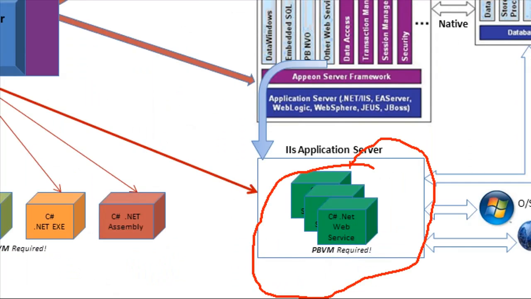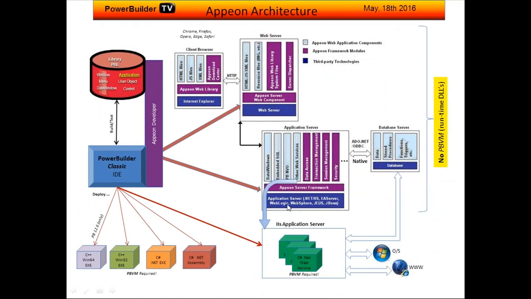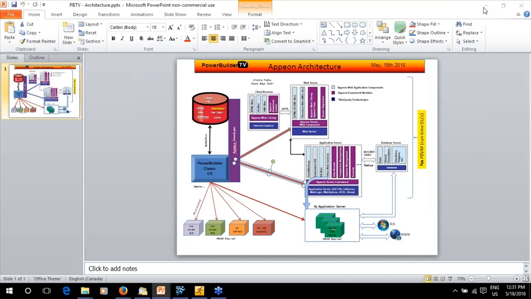I'm not going to go into building web services in this particular presentation, but I'm going to show you that they do exist, they can be used, and we're actually going to call those web services from the Appeon server as well. So there's going to be a call into that from here as well. I'm doing it here in native PowerBuilder, so why can't I do it in the web application? So let's go back here to deploying an application.